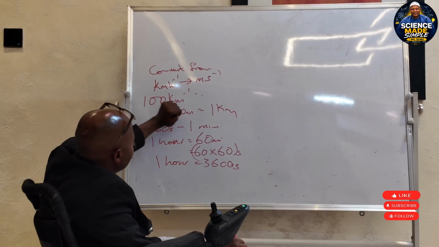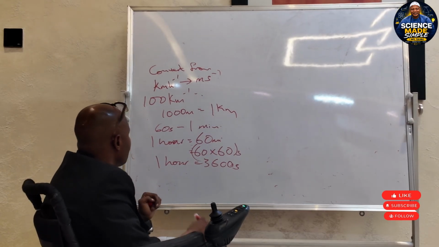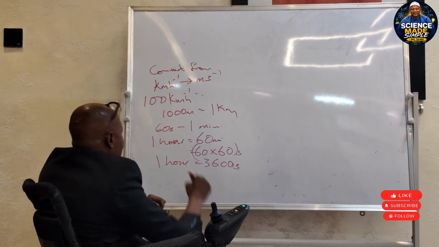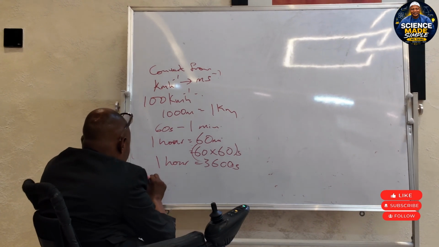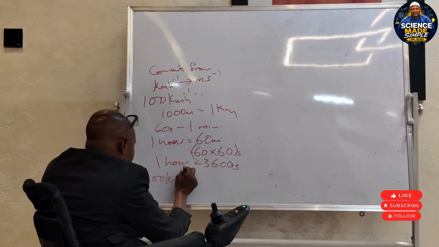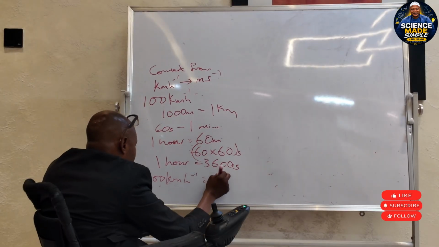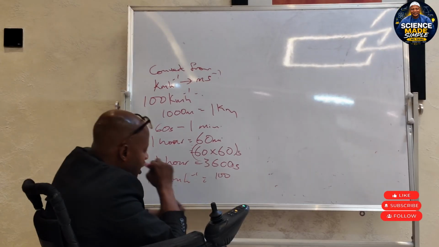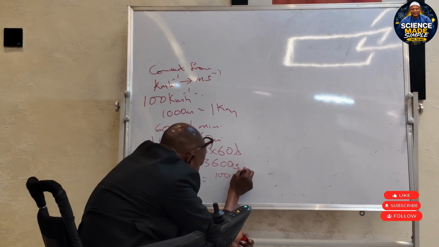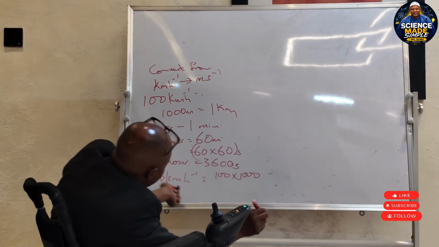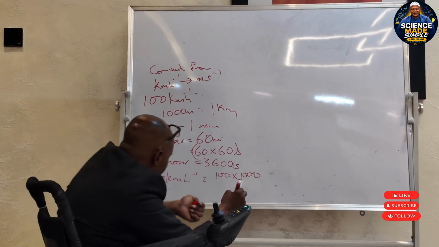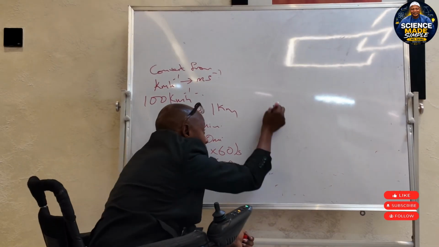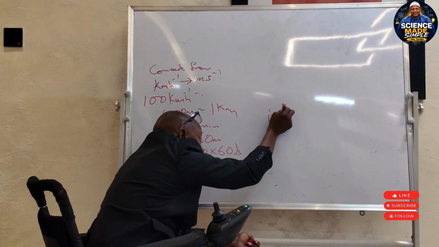Our 1000 meter is equal to 1 kilometer. So to convert 100 kilometer per hour to meters per second, this K is 1000 meter.